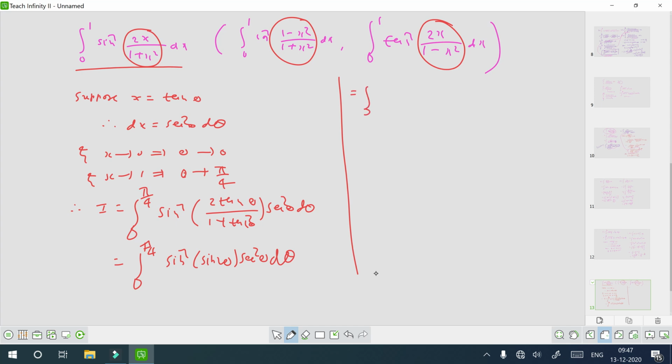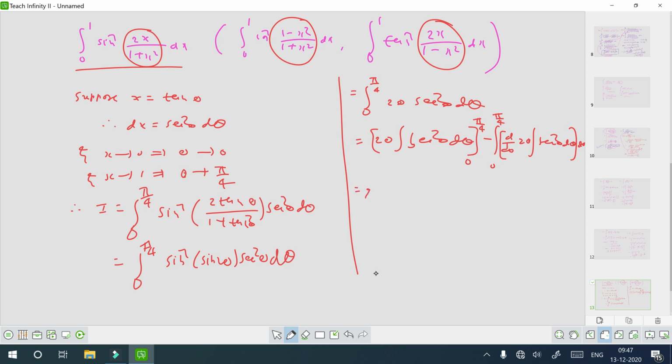So that is equal to integral 0 to pi by 4 of 2 theta sec square theta d theta. Now by integration by parts: 2 theta as it is, integral of sec square theta d theta, limit 0 to pi by 4, minus integral 0 to pi by 4 of d by d theta of 2 theta, integral of sec square theta as it is, whole into d theta.